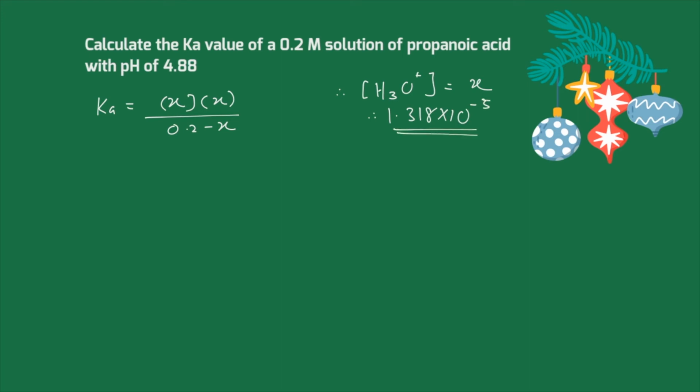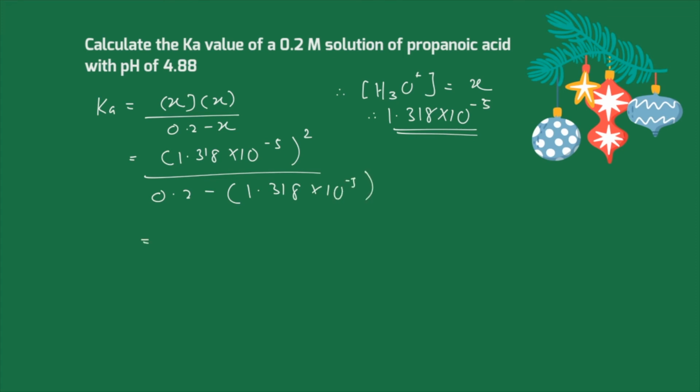So what we are going to do now is substitute all of the X's with this value. So you have 1.318 times 10 to the power of negative 5 squared, because X times X, and then 0.2 minus this value. So you shall get your Ka is equivalent to 8.6896 times 10 to the power of negative 10. So this is the final answer for this question.